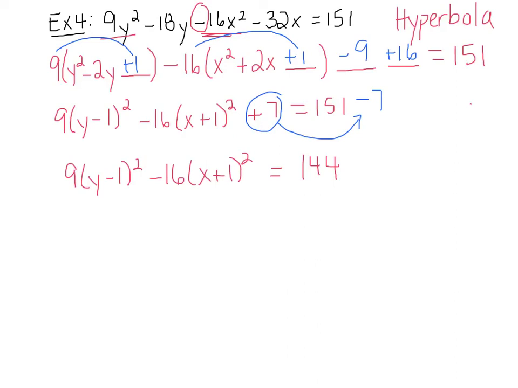And then because the hyperbola is equal to 1, we want to divide everything by 144. One of the keys to making this easier is making sure that you show your work and that it is organized in a way that you can read. 9 goes into 144 16 times, and 16 goes into 144 9 times, and notice that I did not divide out that negative, because I want that negative to stay there for it to be a hyperbola.